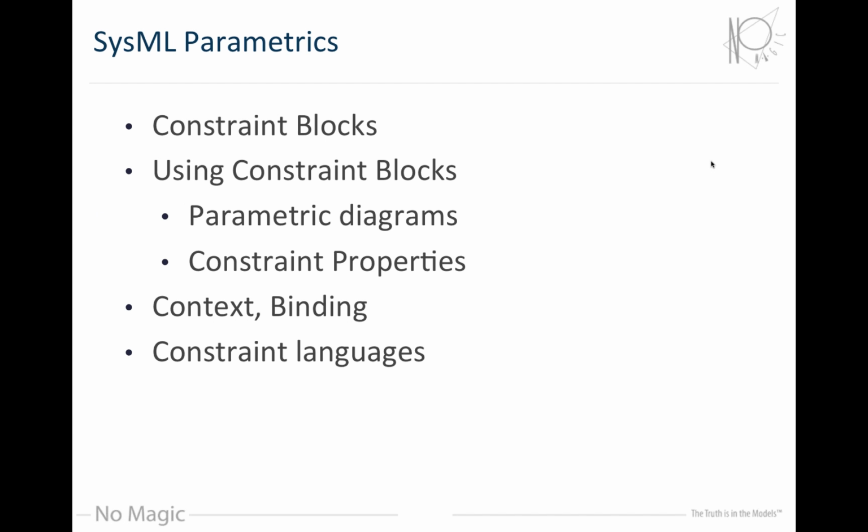I have the following slides on constraint blocks, then usage of constraint blocks in parametric diagrams, and we'll explain how to bind your physical system properties to constraints, and how to pick different languages and so on and so forth.